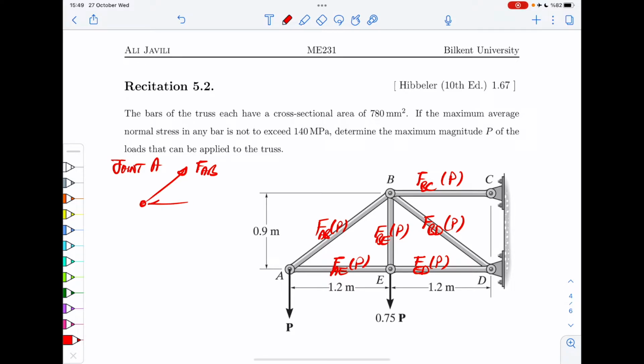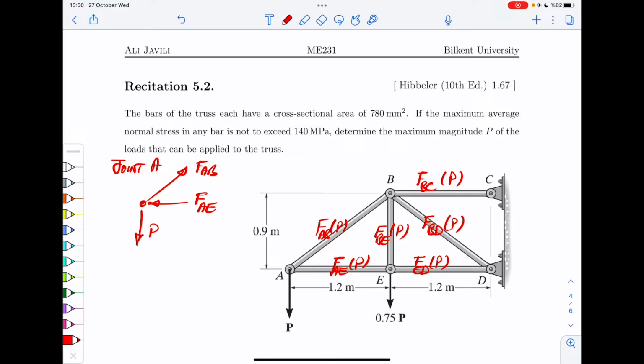For the fun of it, this time I'm going to draw FAE in the opposite direction from what I usually tell you to do. Usually we show it such that it shows tension, so it's plus. If you did the opposite, there is nothing particularly wrong, as long as you are careful about the other side. So let's keep this single one, FAE, opposite to our usual convention and see what happens.